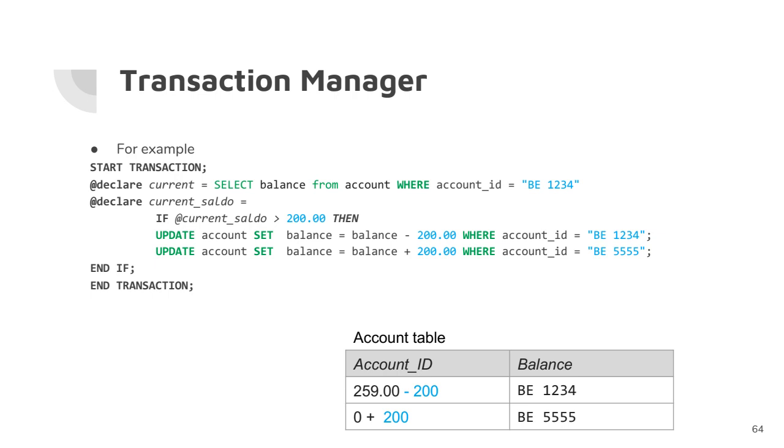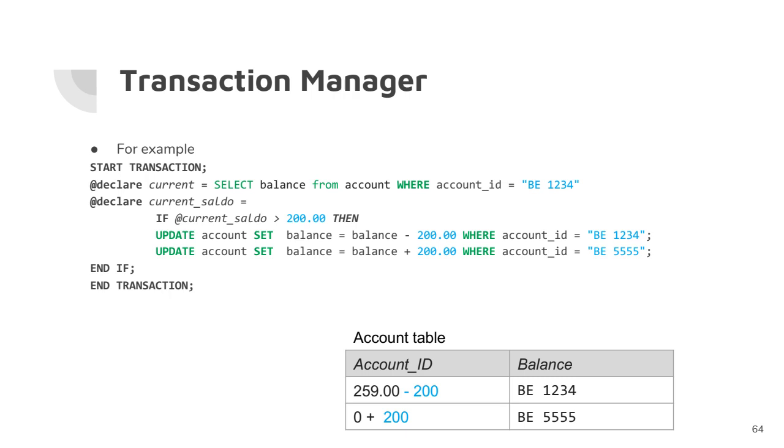One transaction would be to transfer, in this case, 200 euros from 1234 to 500. Obviously, that's only possible if the current balance is higher than 200. Actually, it can be higher or equal, small mistake. In this case, the current balance is 259, so that's higher than 200. So I can withdraw 200 euros and deposit it in the other account. So this is a transaction.